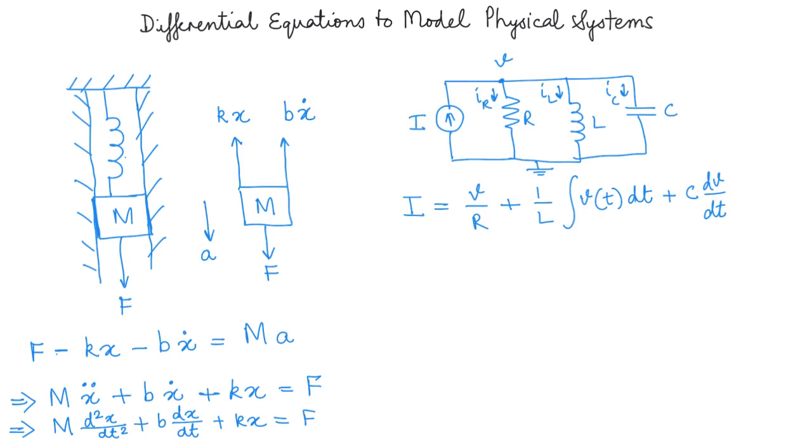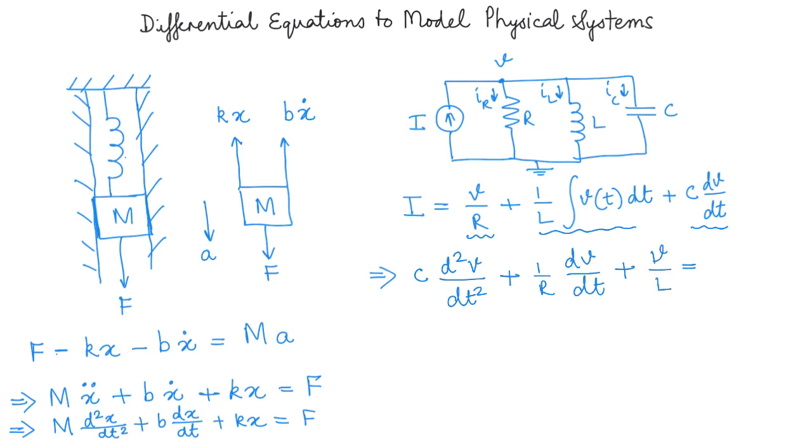So if I differentiate it with respect to time, I get C d2v by dt square, plus 1 over R dv over dt, plus V over L, and that's equal to di over dt, which let's say is another function.